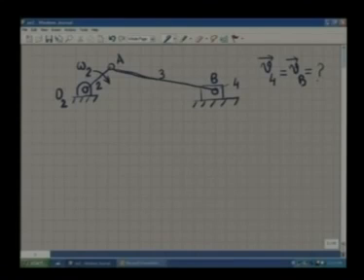To carry out the velocity analysis, how do I draw the velocity diagram?